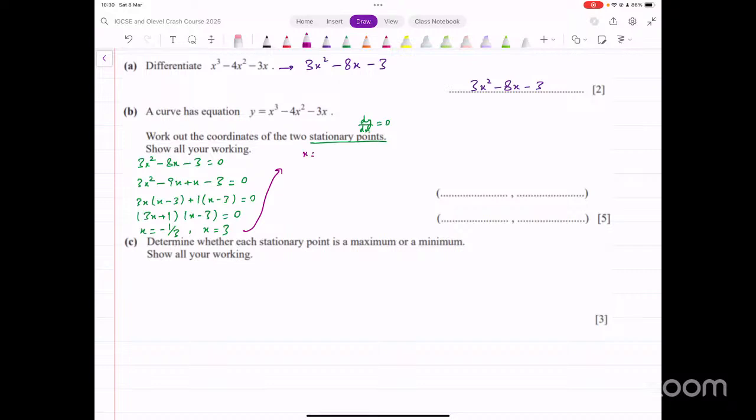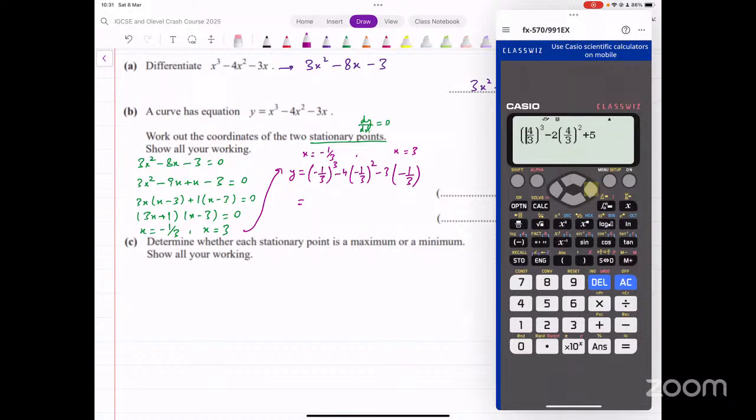Let's input x equals minus 1 over 3. Then we can input x equals 3. When we input x equals minus 1 over 3, the y value turns out to be minus 1 over 3 whole cube. You have to show this working where you're inputting these values there. Minus 1 over 3 whole cube, minus 4 into minus 1 over 3 whole squared, minus 3 into minus 1 over 3. You can put this on your calculator directly.